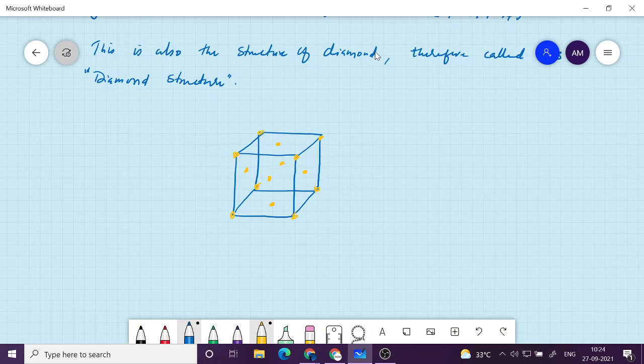Now each lattice point is associated with 2 silicon atoms. Of the atoms associated with each lattice point, one is exactly on top of the lattice point and the other is displaced by a by 4, a by 4, a by 4. Here a is the length of one side of the unit cell.